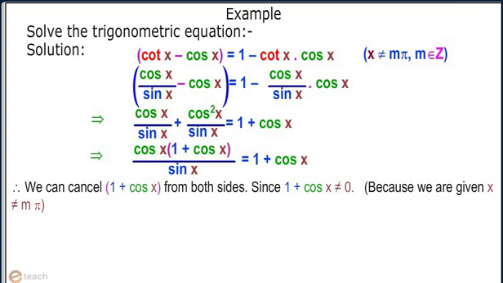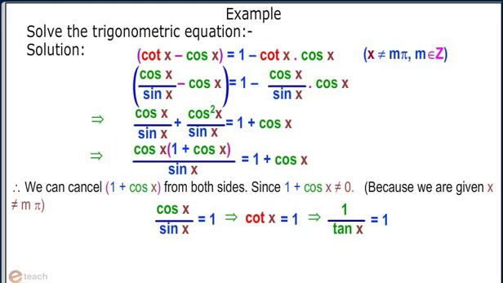So the equation simplifies to cos x by sin x equals 1, which implies that cot x equals 1, which further implies that 1 by tan x equals 1.